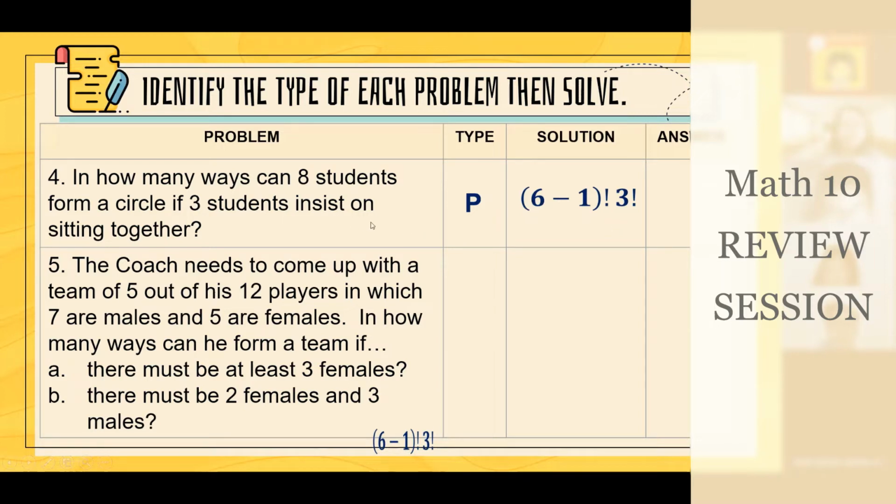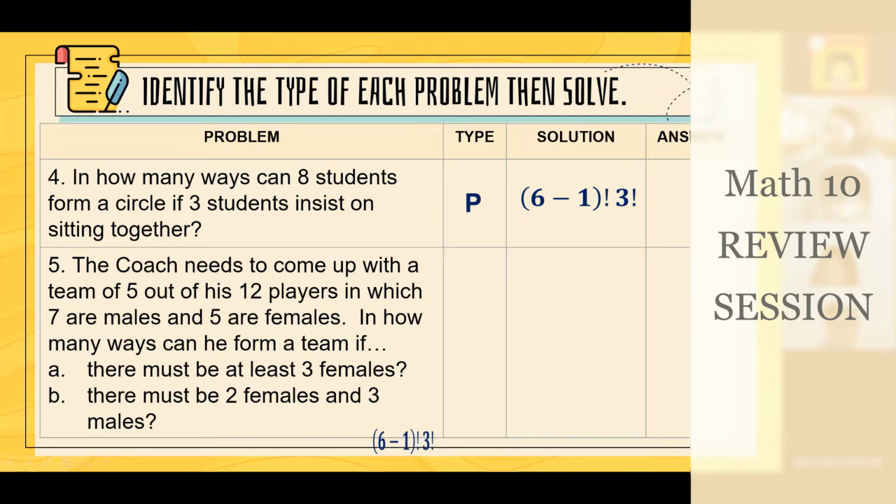So there are 8 students, supposed to be 8 minus 1, and they have to form a circle. But since the 3 would like to be together all the time, those 3 are considered as 1. So 8 minus 3 is 5, and then those 3 considered as 1, so 6 minus 1 na lang.